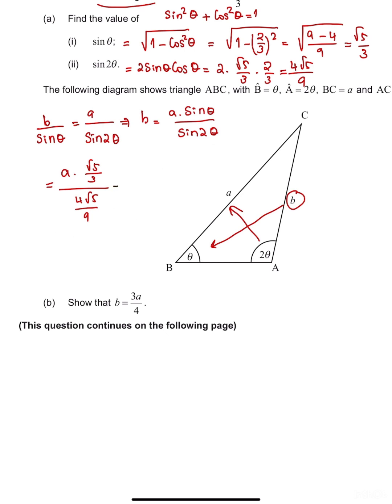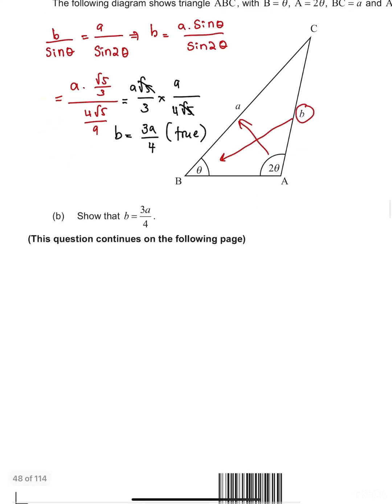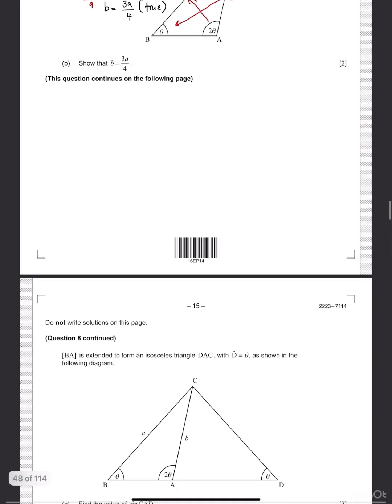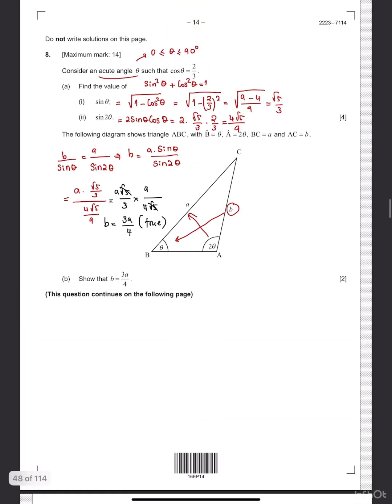This can be simplified, and 9 divided by 3 gives 3a/4. So b equals 3a/4. It's true. Okay, so that's all for question 8, first part.